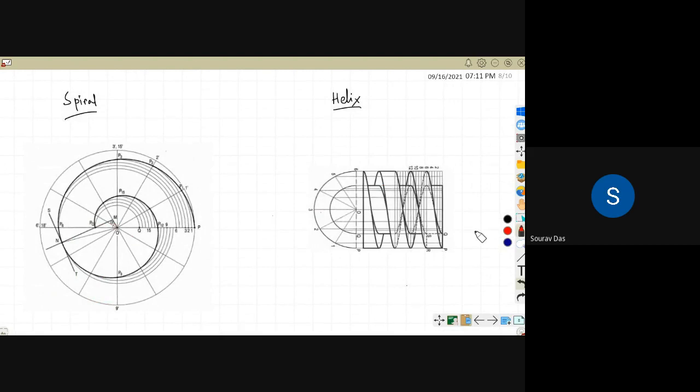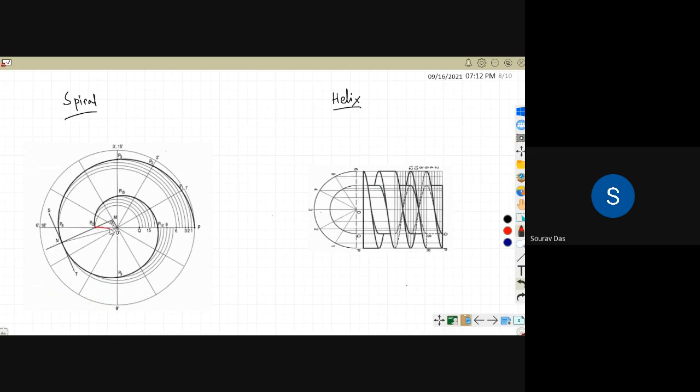The next curve is spiral. In case of spiral, if a line is rotating about one of its ends and at the same time a point is moving continuously along in one direction, the curve traced out by the moving point is known as spiral.